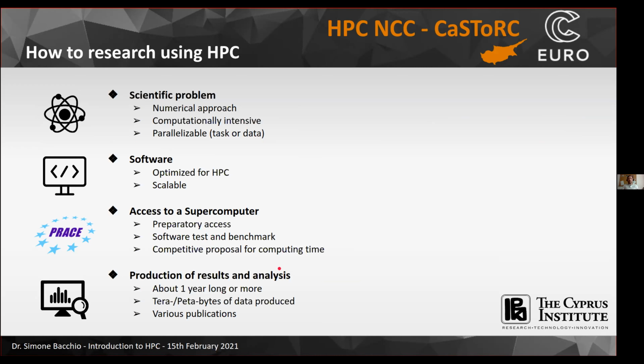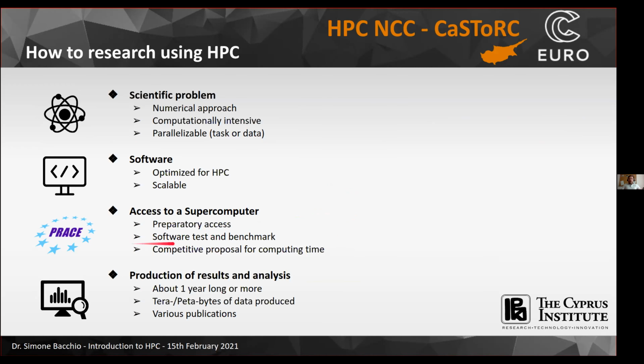Because then after that, to get the real amount of time that is significant, what you need for running your scientific program, is to write a proposal. These proposals are evaluated in a competitive manner, which means they open a call, 50 different groups apply with a proposal, then these are given to a committee to judge them, they judge the technical part, the scientific part, and then you might be awarded the time you've asked for.